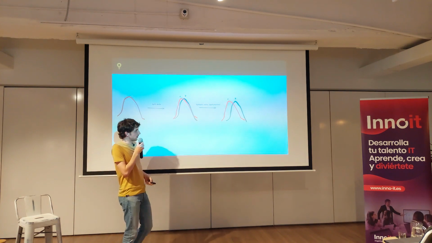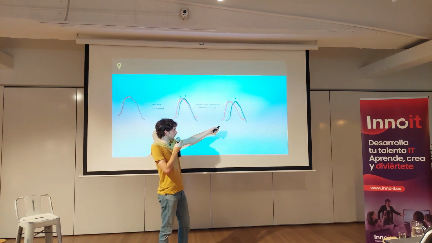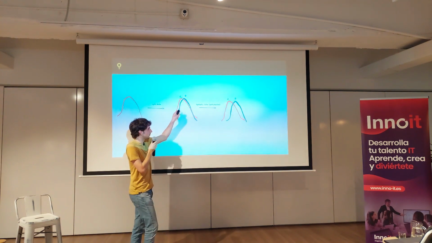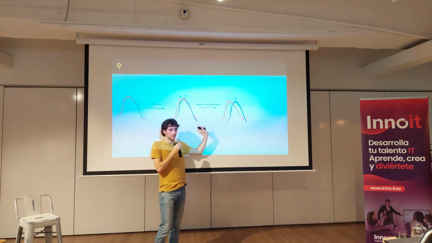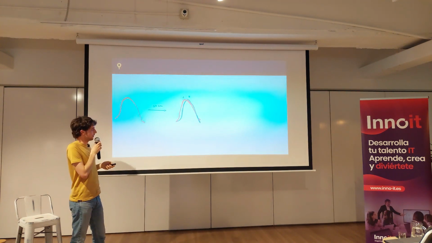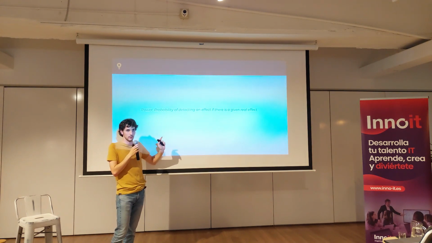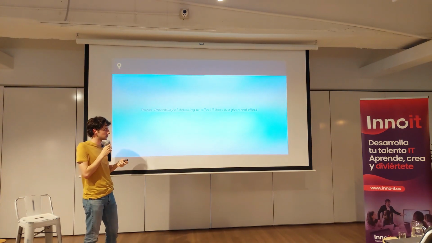And then we create some fake data, and that's why we call it simulation. So we take the treatment data, which is the B, and add a fake effect, okay? And the size of the effect that we add is the MDE, the minimum detectable effect, the effect that we're interested in measuring.